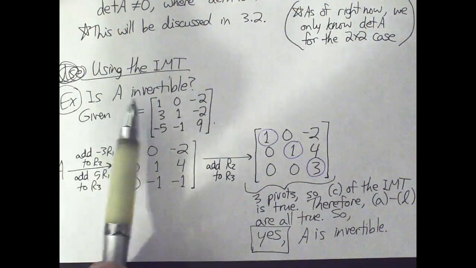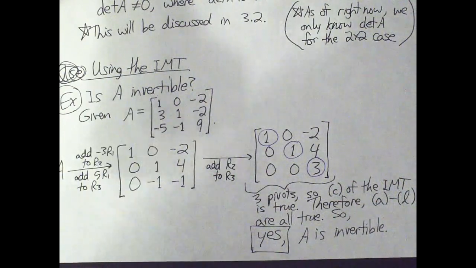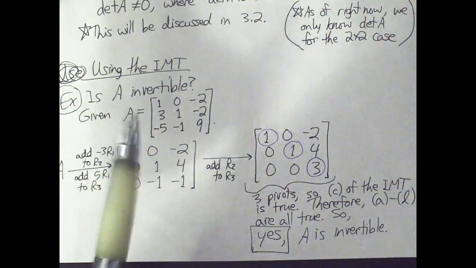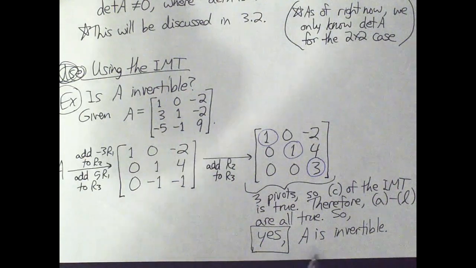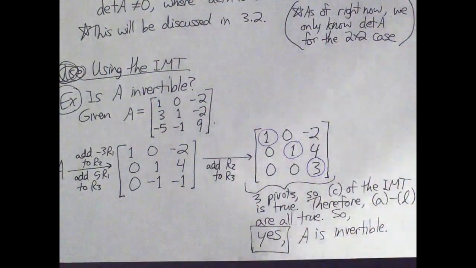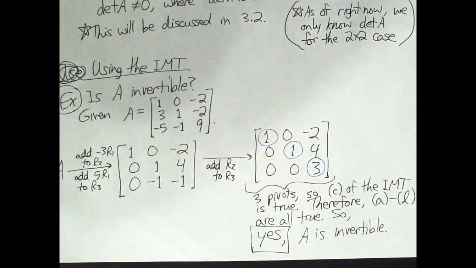It didn't really say, what is the inverse of A? If it said find A inverse, then what we did would not be enough, because we didn't actually find A inverse, but we did prove that A inverse must exist. So maybe this is a shortcut for some problems, but not for all.